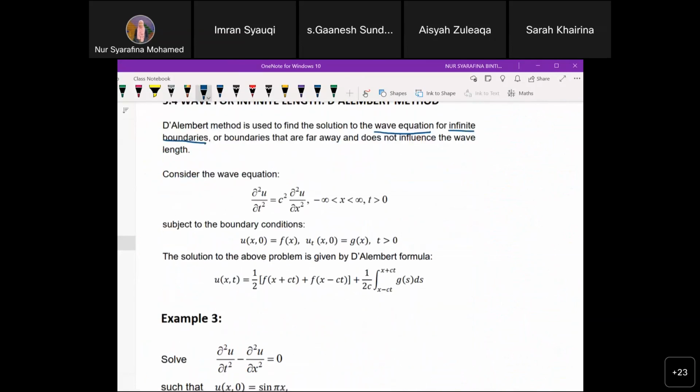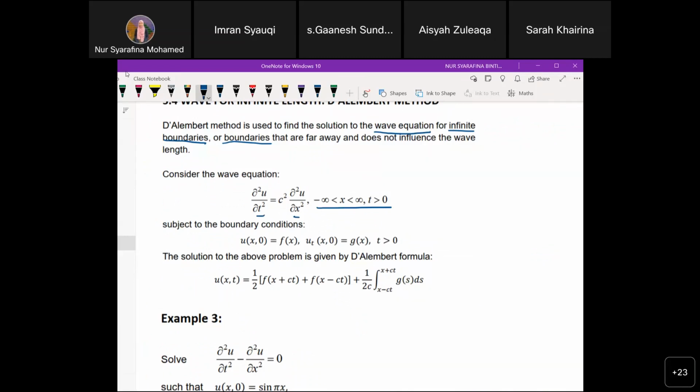If the PDE given is the wave equation for infinite boundaries, or boundaries that are far away and do not influence the wavelength, such as this, this is the wave equation involving u, x, and t, with del squared u.